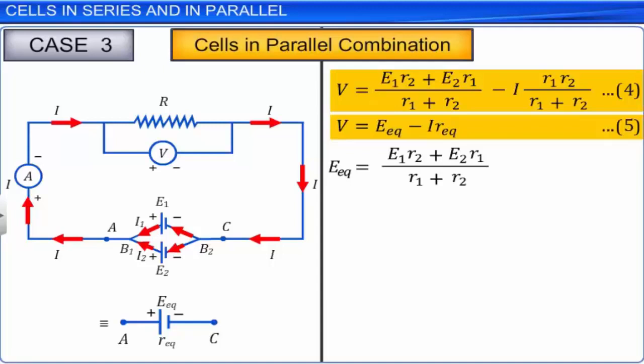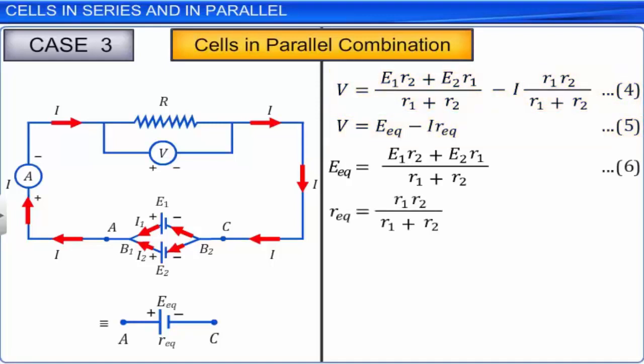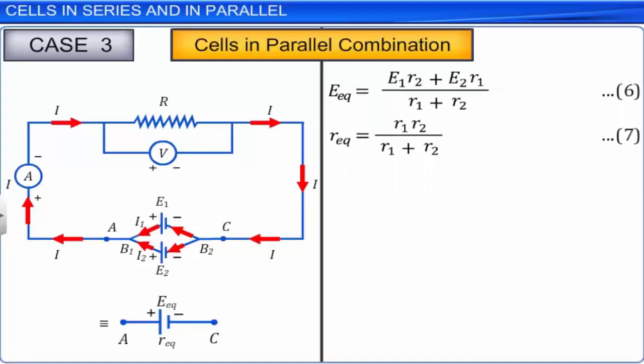Let this be equation 6. REQ is equal to R1 R2 divided by R1 plus R2. Let this be equation 7. Equation 7 can be written as 1 by REQ is equal to 1 by R1 plus 1 by R2. Let this be equation 8.